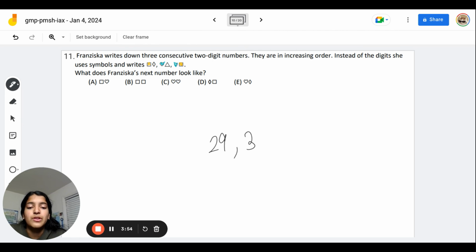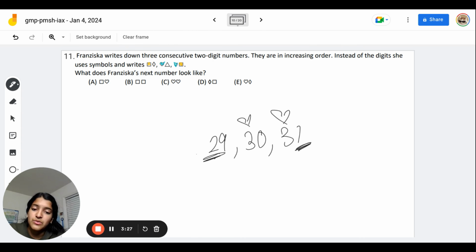And then the next ones would be 30 and 31. This is just trying it out. So when we look at this, let's try to match it up. The hearts show that both of these tens places are the same. But when you look at the tens place for the first consecutive number and the tens place for the third consecutive number, you see that they're not matching, because this one is 2 and this one is 1.